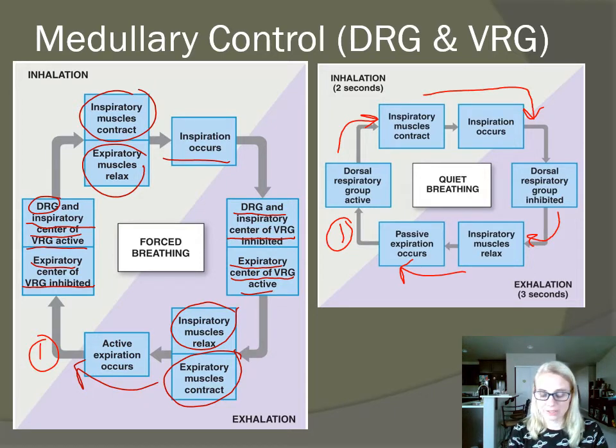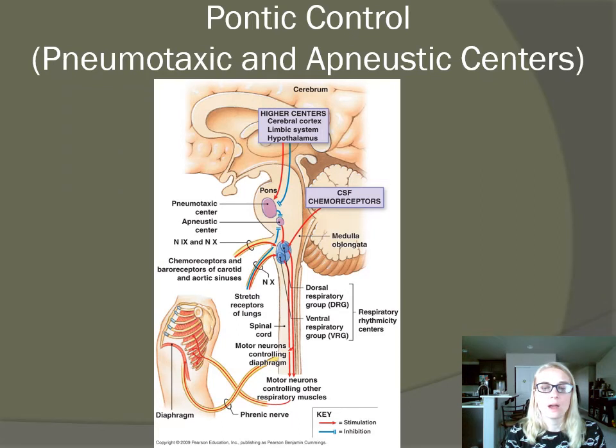All right, so now let's take a look at what goes on in the pons. And so here, just so we have a visual of what we just talked about, this is your DRG and VRG. I'll circle it so you can get that picture. So there's our DRG, there's our VRG. Those are the things we just got done talking about with sending out this motor command.